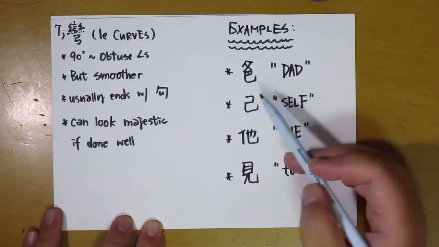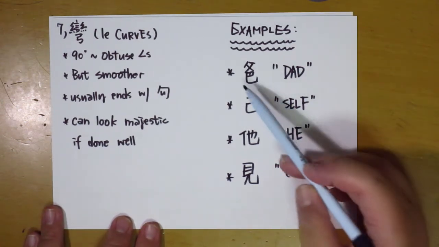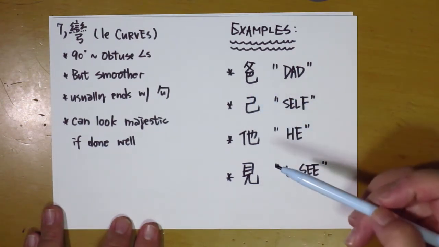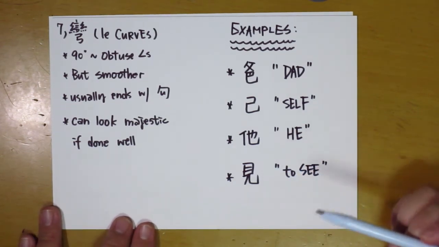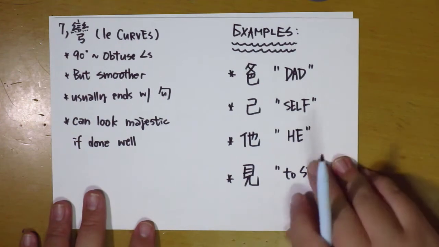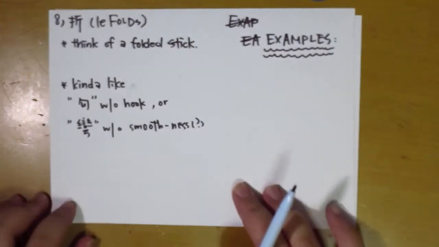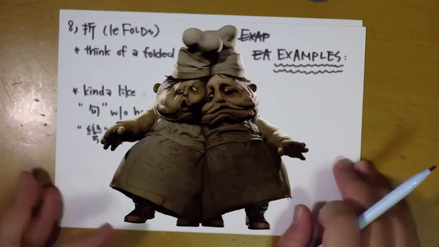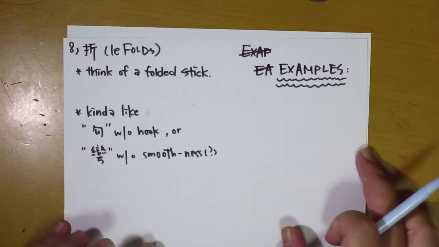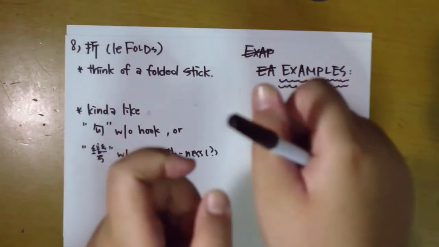So now the curves. They are not sharply turned, although it may look bad in my handwriting, but yeah, I guess you know the idea. And the last part we have here is the folds. Just think of a stick and then you just bend it, I guess.